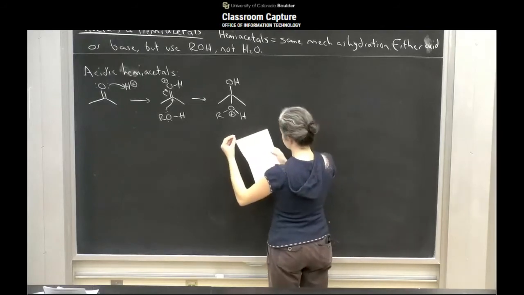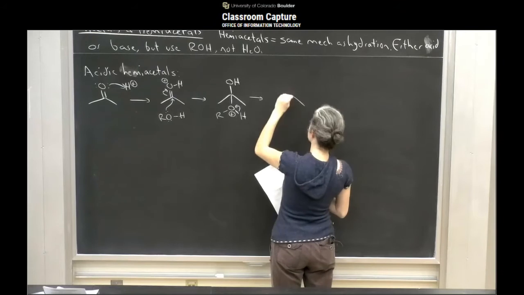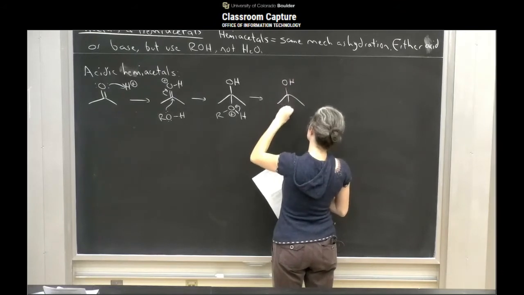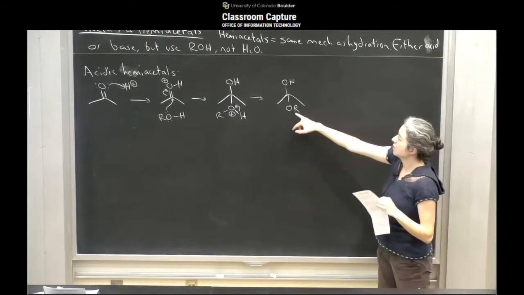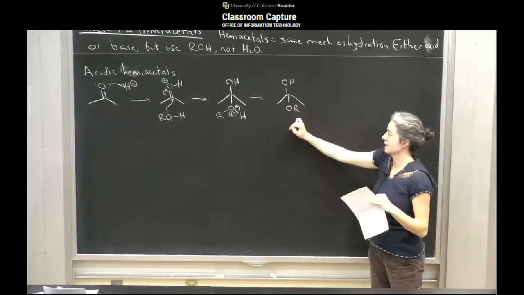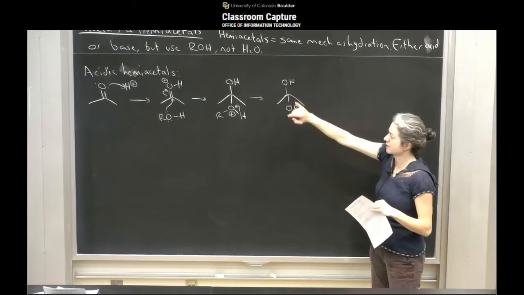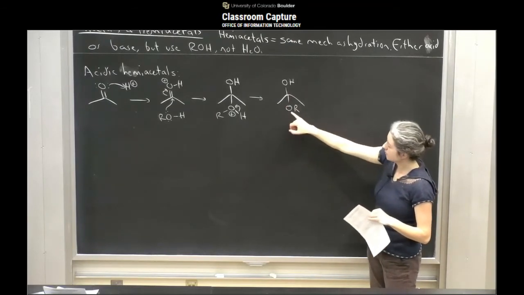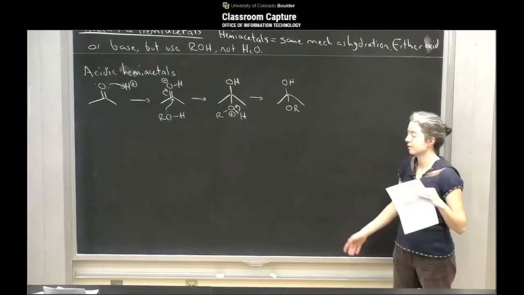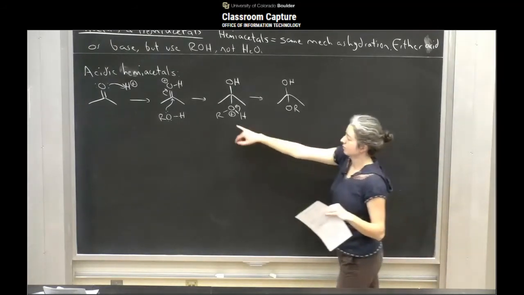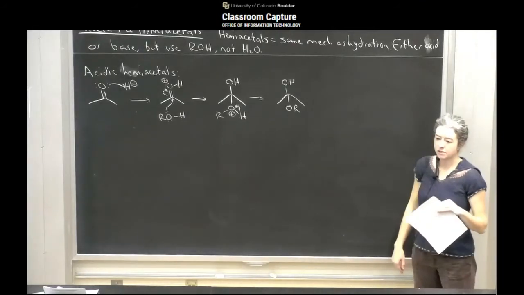So we just have to deprotonate that oxygen, and we get to something with an OH and an OR. I guess I didn't explicitly draw up acetals and hemiacetals, but a hemiacetal has an OH and an OR. I guess I did at the start of the chapter, though. Basically, if you know the hydration mechanism, you already know this. It's just there's an extra R group involved instead of a proton. Okay, questions about that one?